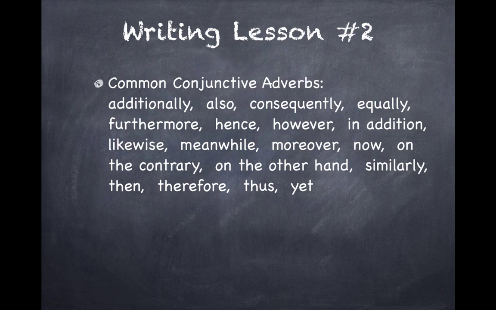Again, they can be equivalent to the conjunction and, like saying something that is similar. They could be similar to the conjunction but, like saying something is different or has a contrast. It could possibly show cause and effect, like this happened and then this happened later on, or maybe comparison and contrast. There are several different ones that you can use here.